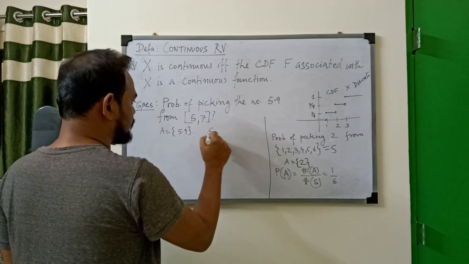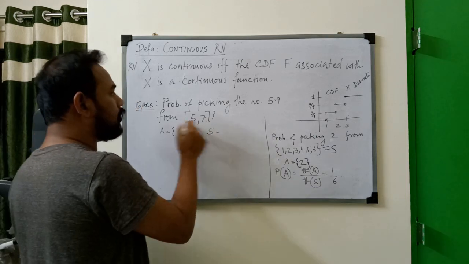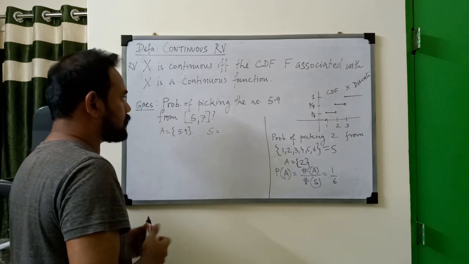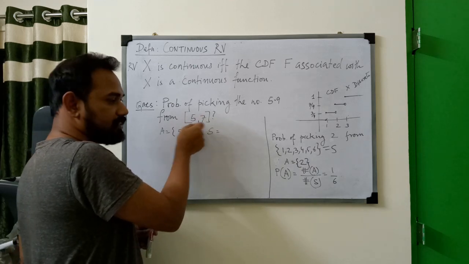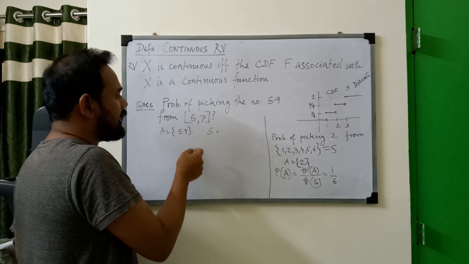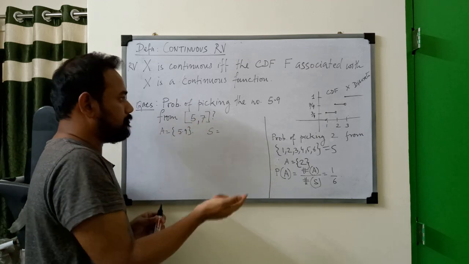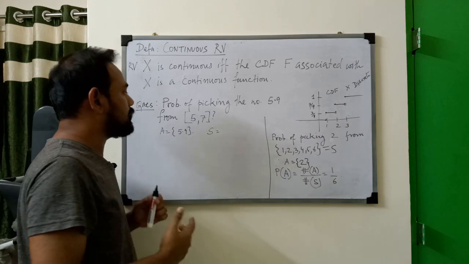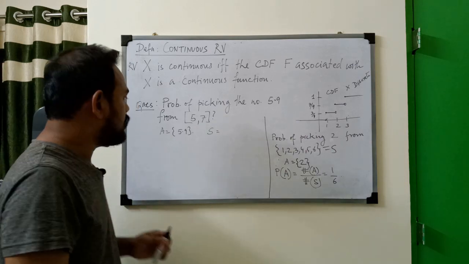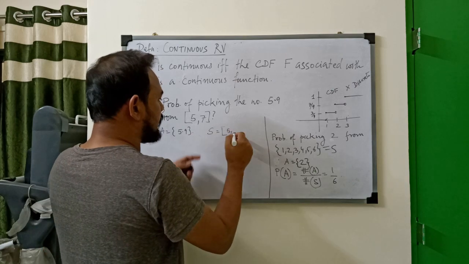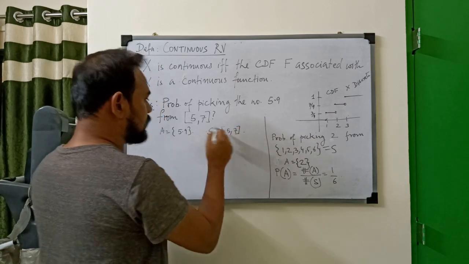And what is my S, the sample space? The space is all of this, all the possible numbers. The experiment is to pick a number between 5 and 7, and these are all outputs. You can pick 5.9, you can pick 6.1, you can pick 6.38. The whole set is the sample space.